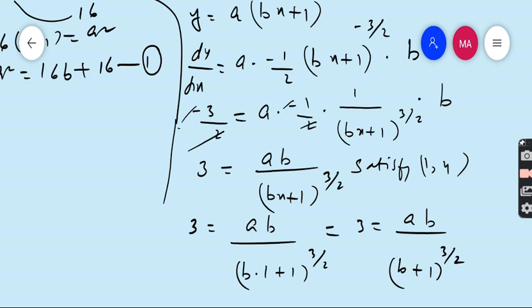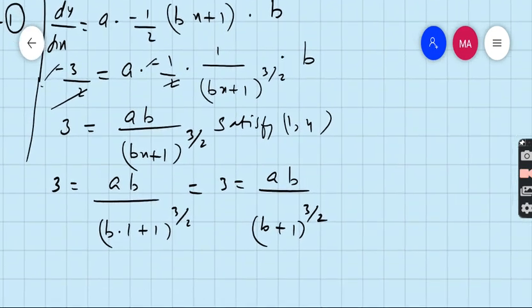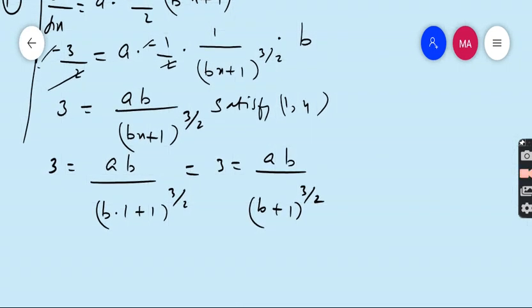Now this b plus 1 to the power 3 upon 2 is shifted over there.